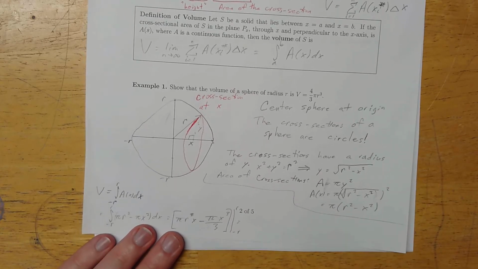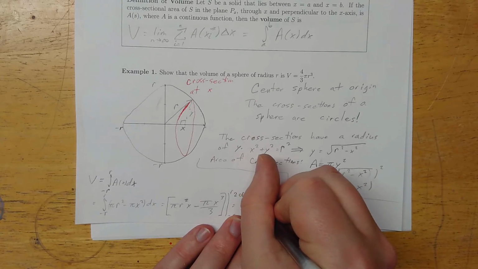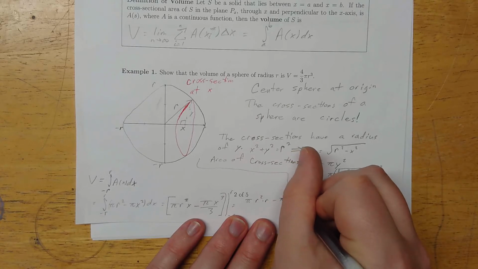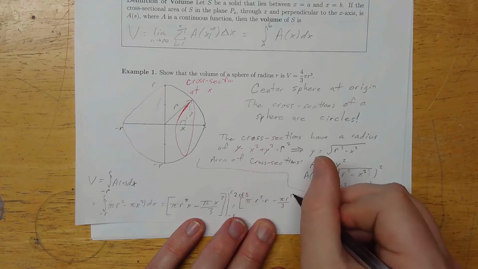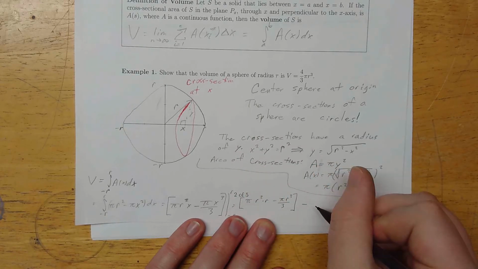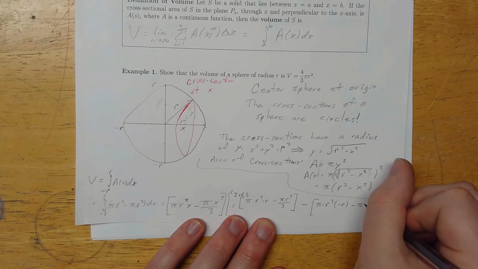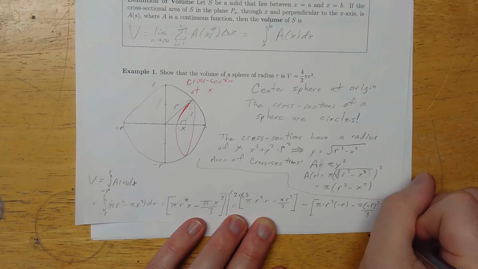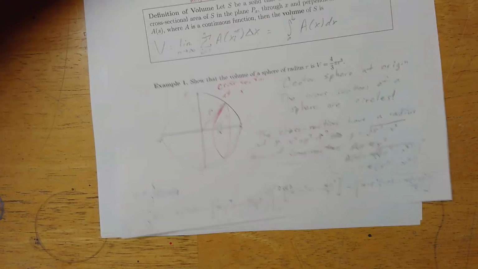So when we do that, we'll get pi times r squared times r minus pi r cubed over 3, minus pi times r squared times negative r minus pi times negative r cubed over 3. A little bit out of room at the moment.